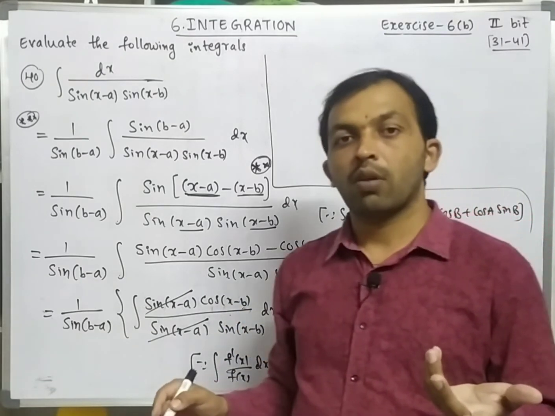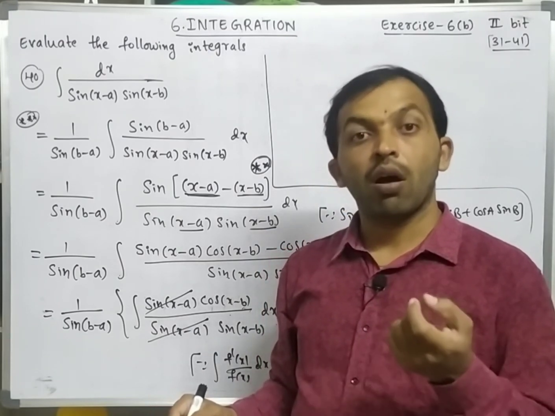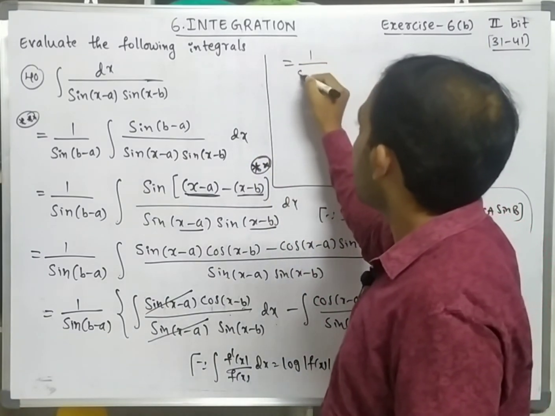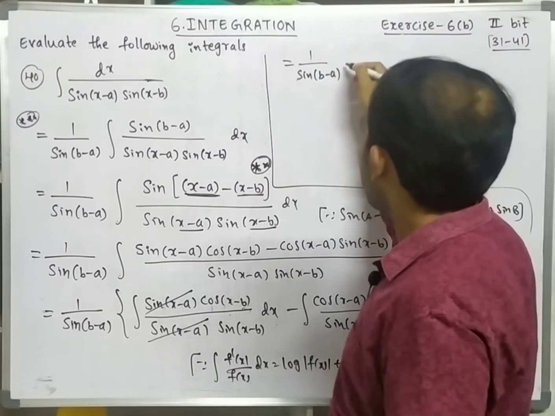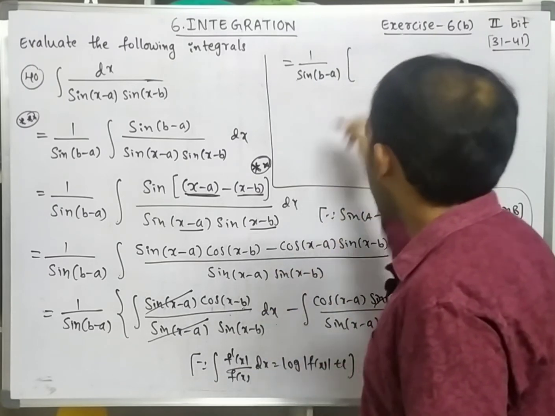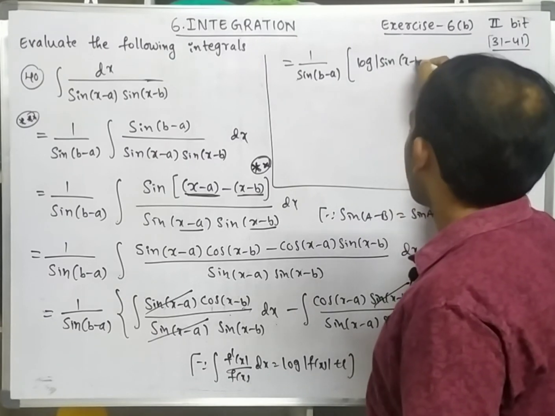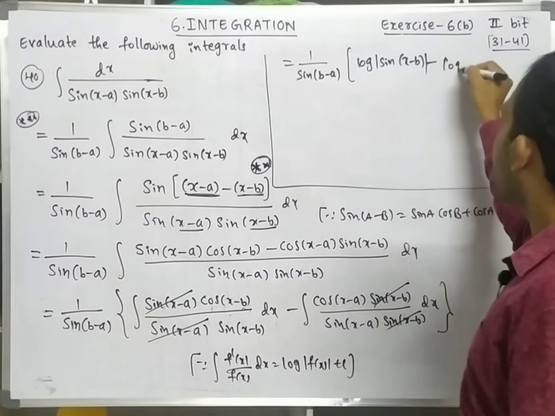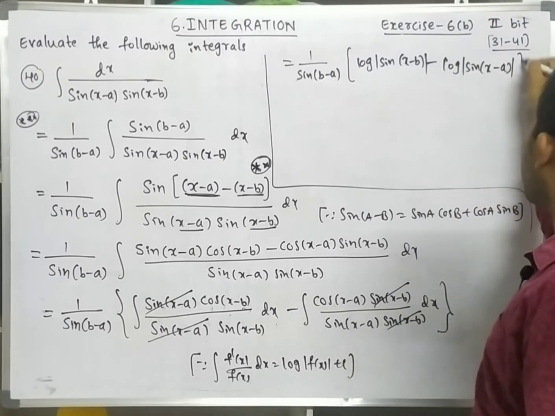Integration cot x dx is equal to log mod sine x, which is equal to 1 by sine of b minus a into log modulus of sine of x minus b minus log modulus of sine of x minus a.